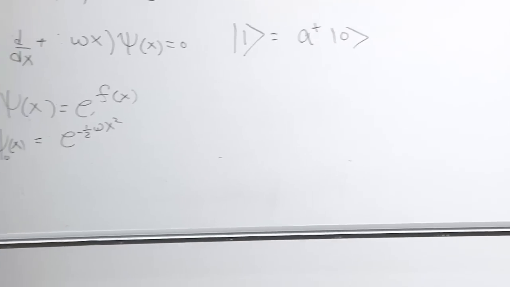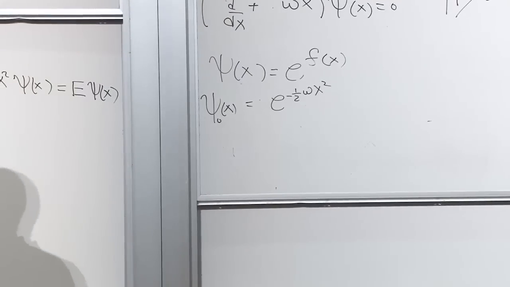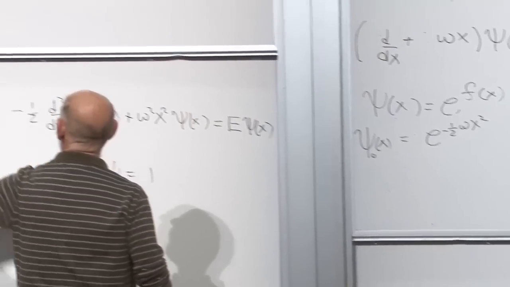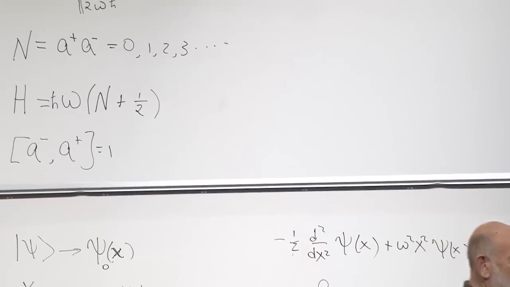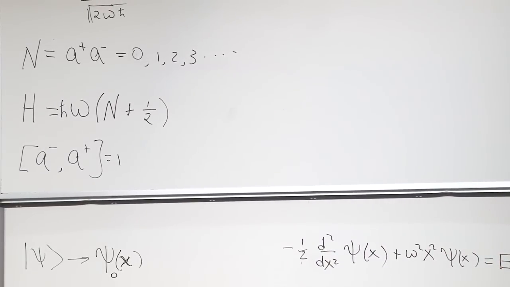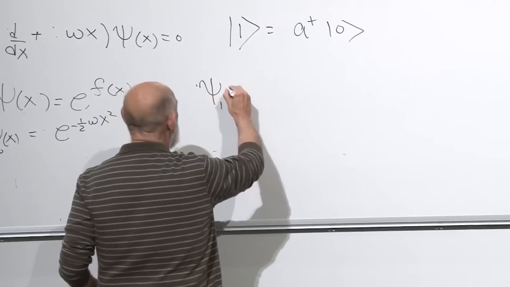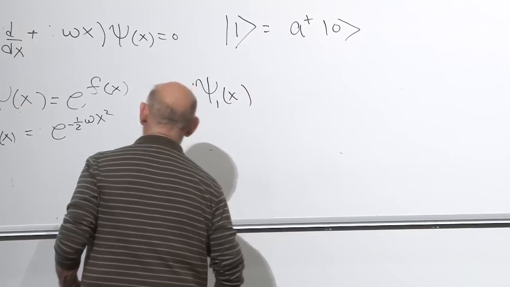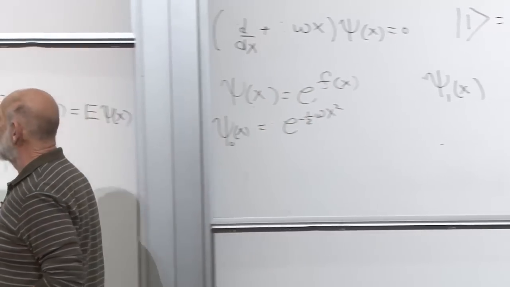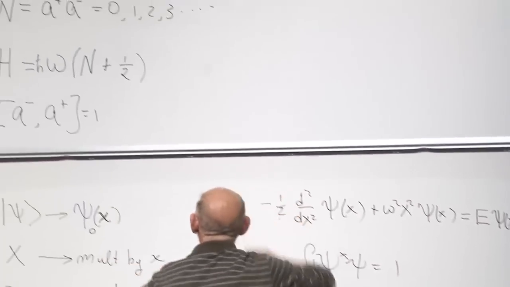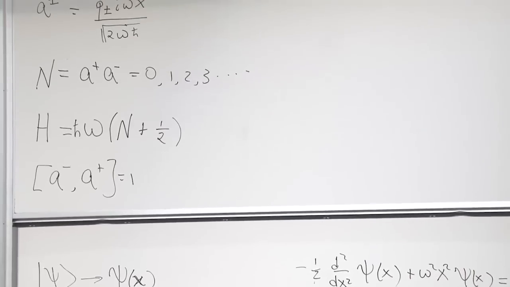Here's the ground state. A plus is P plus I omega x, and that will tell us what the first excited state is. All right, so in terms of wave functions, psi 1 of x is proportional to P plus I omega x.